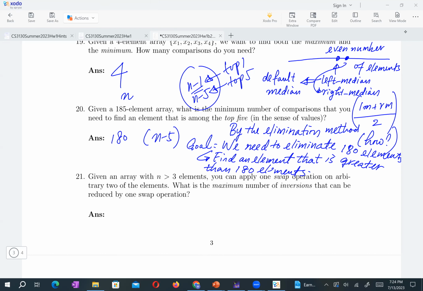The next question is how to get one element that is greater than 180. That's simple. Because we want to do the easiest way to get that element, just select arbitrary, any 181 elements, and find the largest one.